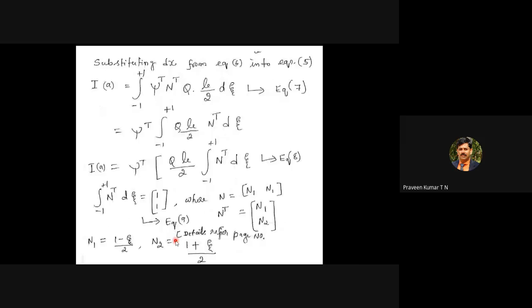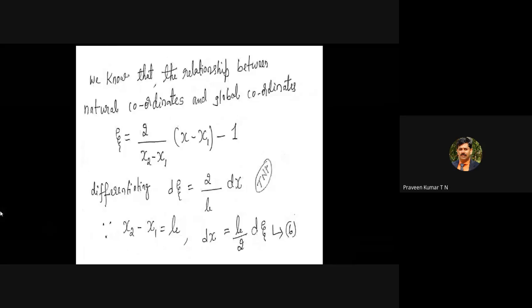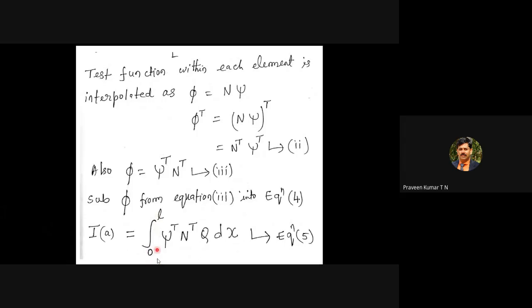If you substitute all those things here, in this equation we have 0 to L. Now you are moving from the global coordinate to the natural coordinate system, so you will get minus 1 to plus 1, and all those things remain the same. The dx is replaced by Le by 2 into d xi, and the integration limit changes from minus 1 to plus 1.